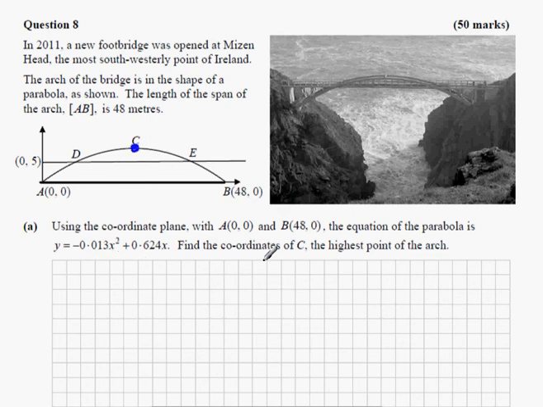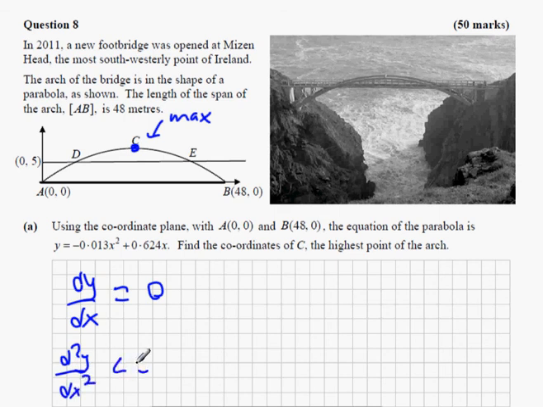Okay? So it says find the coordinates of C. Another word for C is max. When you see the word max in paper 1, what's the first thing you got to write down? dy/dx equals 0. And if you're asked to prove it's a maximum, d2y/dx squared is less than 0.